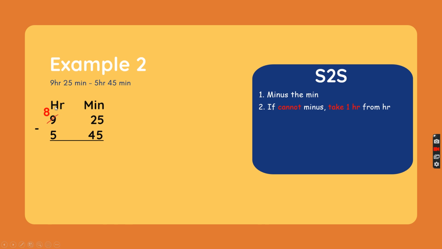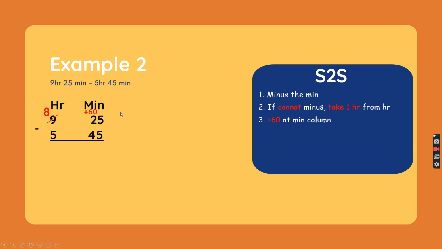Then the 1 hour that we take from the hour, we bring it to the minute side. We know that 1 hour equals 60 minutes. So when we bring the 1 hour to the minute, it becomes plus 60. That's why there is plus 60 at the minute column right here, because we took 1 hour from the hour column and brought it to the minute column.